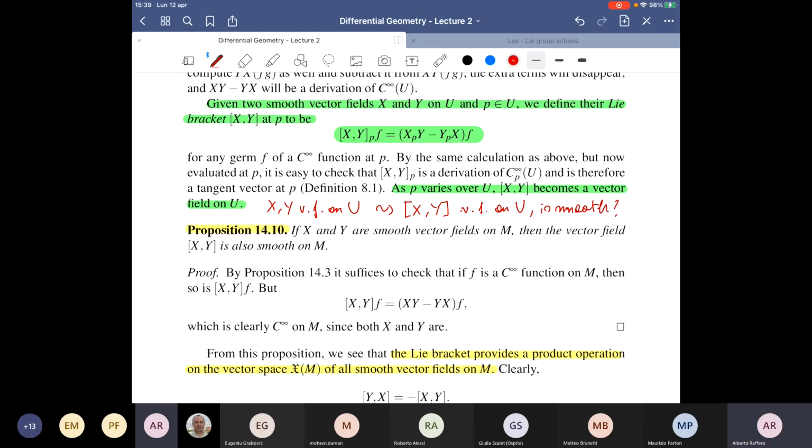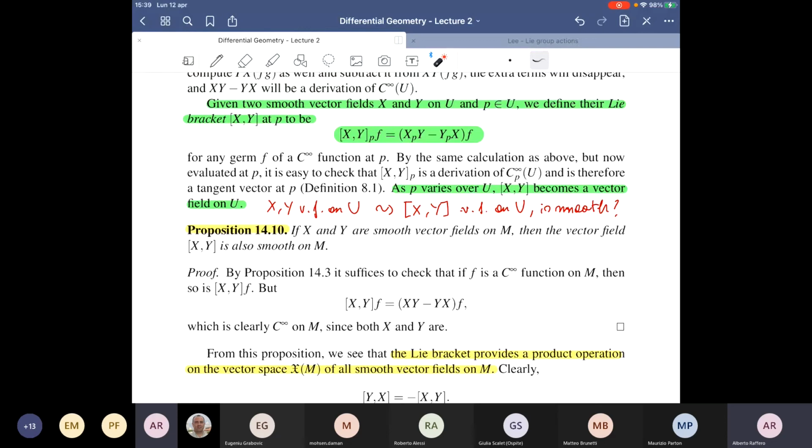And the answer is yes, and is given by this result here. So if you start with two smooth vector fields on the manifold, then the bracket of these two vector fields is also smooth. And so this bracket is actually an operation taking two smooth vector fields and giving as a result another smooth vector field.